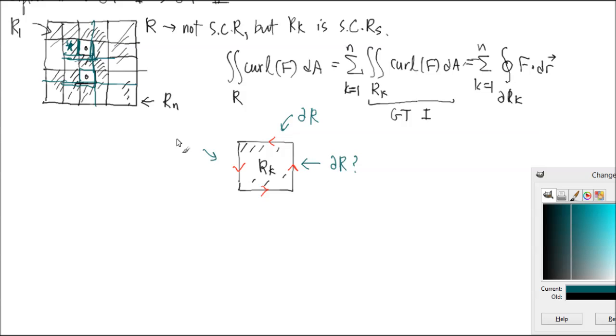Is this the boundary of R? Is this the boundary of R? Well, if that's so, you just don't touch it. Maybe the answer is no to that one. That means that whatever the adjacent rectangle is, it must be there if it's not the boundary, right? Okay. So there is one more rectangle right next to it there. You agree? And how is this one oriented?